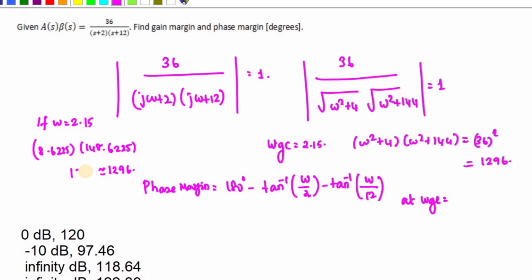Now I can substitute in the phase margin: 180 degrees minus tan inverse of 2.15 divided by 2 minus tan inverse of 2.15 divided by 12.